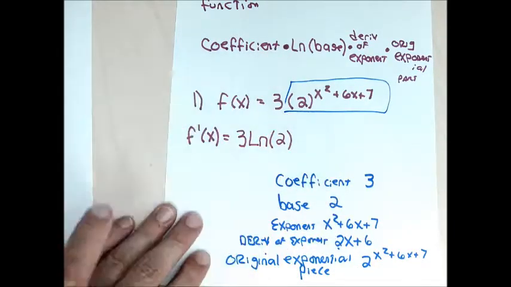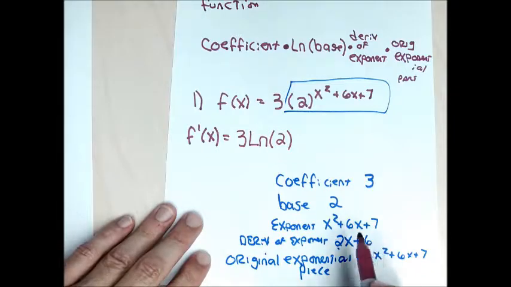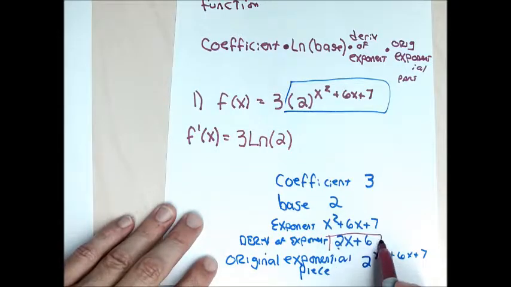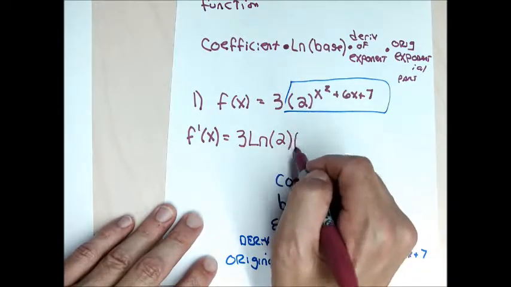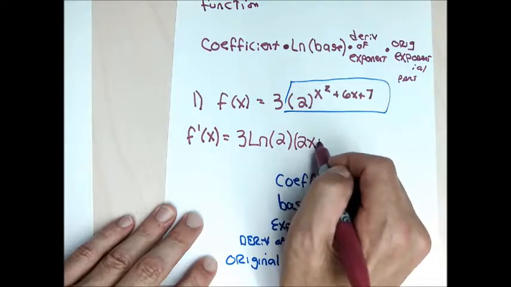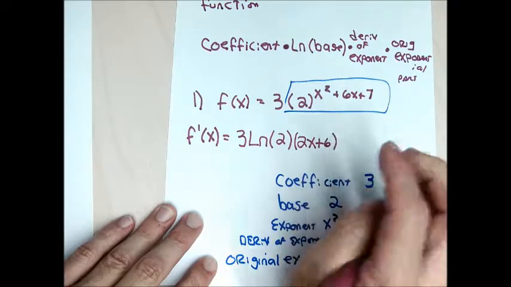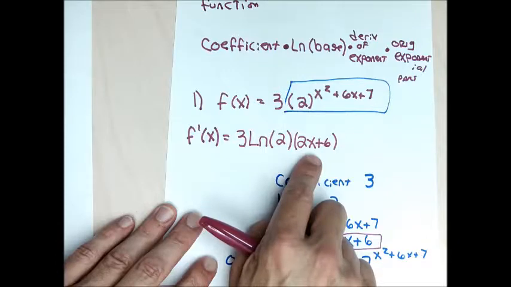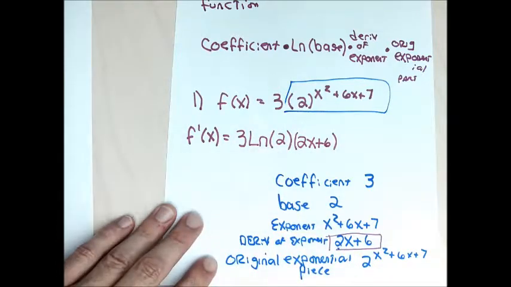So 3 times the natural log of 2, that's the coefficient times the natural log of the base. Now times the derivative of the exponent. I'm going to put that in parentheses. And it almost looks like the 2x plus 6 is attached to the ln, so maybe I should write this in a different order. I'll finish it up and then I'll write it in an order that might be less confusing.